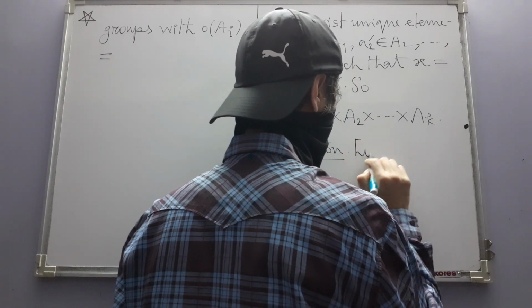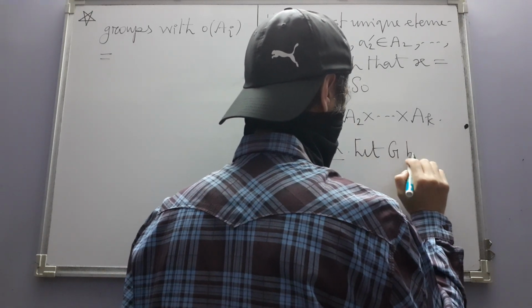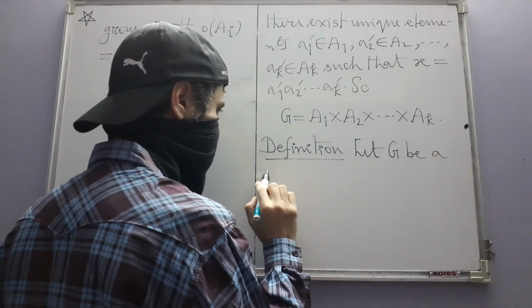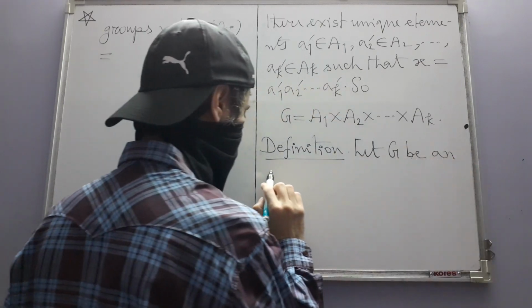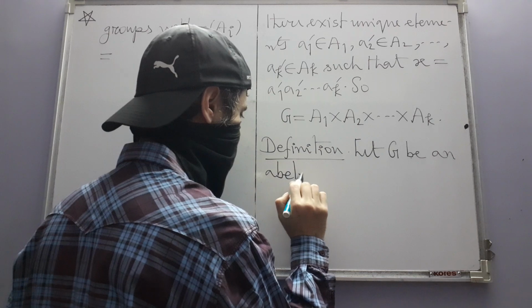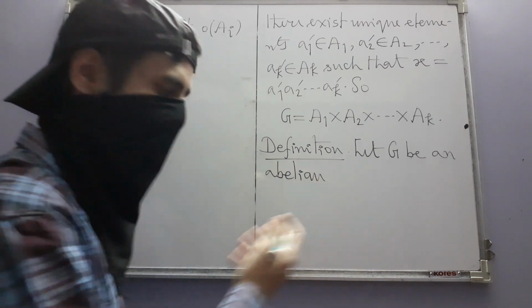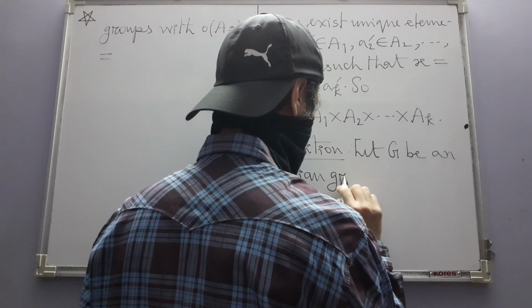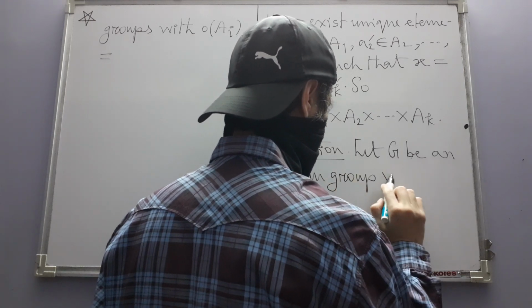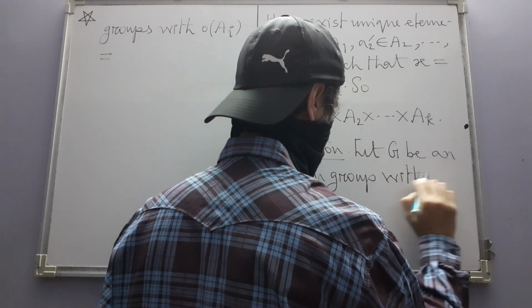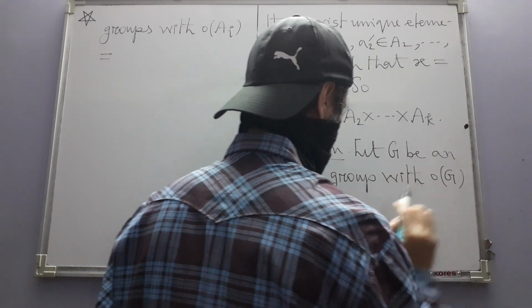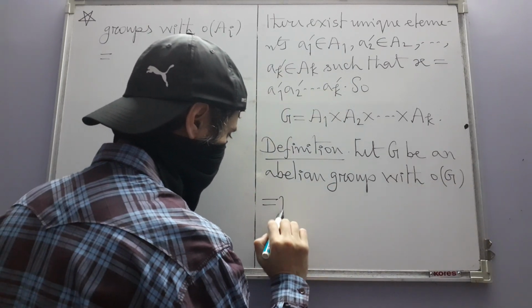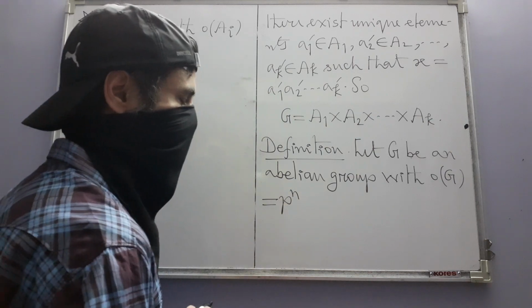Let G be an abelian group, need not mention finite separately if I am writing the order, with order of G equal to p to the power n.